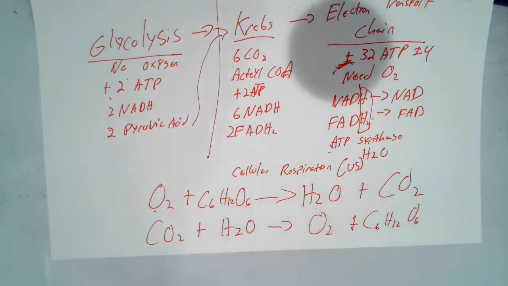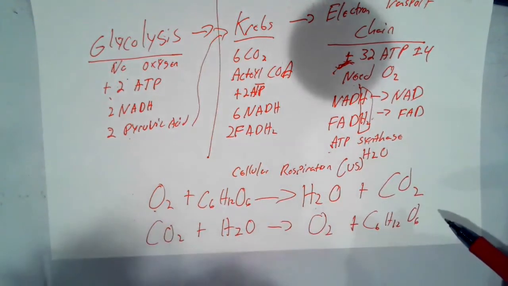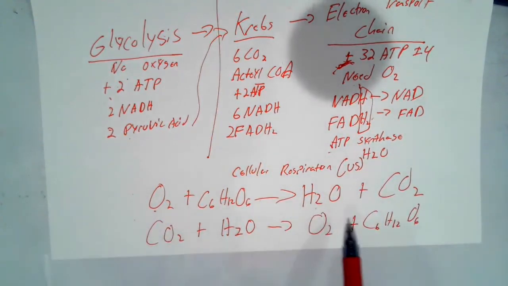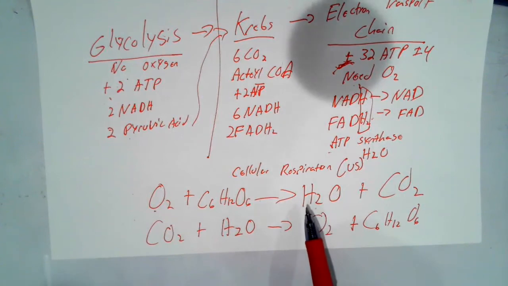So what do you notice about these two equations here? Well, hopefully you know that they're opposite each other. One feeds the other. The products of one equation are the reactants of the other.